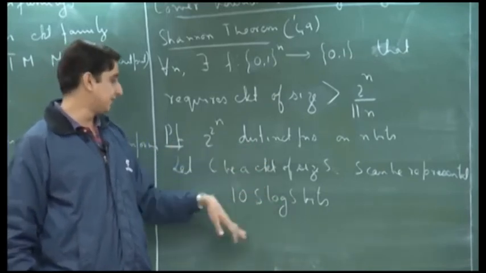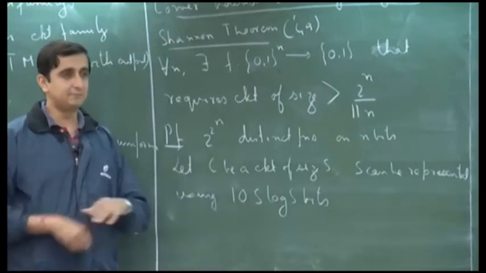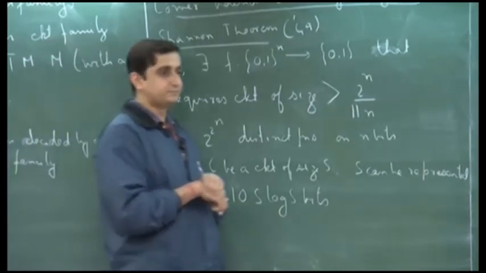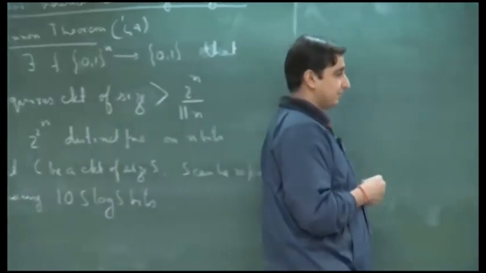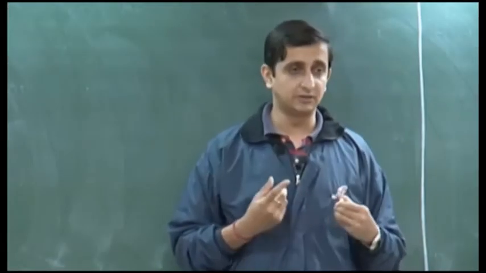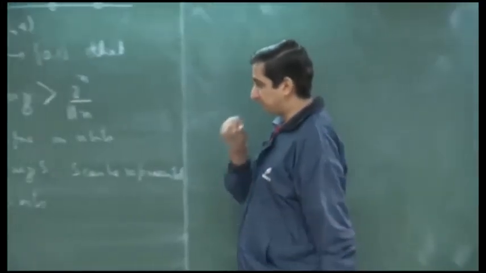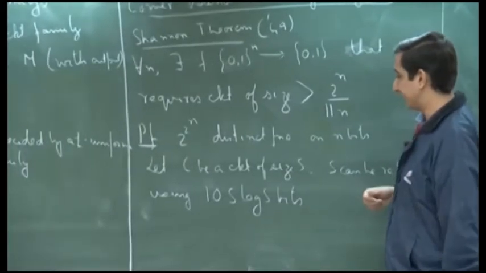So, there are constantly many of them. I am just being liberal enough and taking a large enough constant, because maybe you need to also remember the labels on the vertices as well. So, you need 1 or 2 more bits for that.